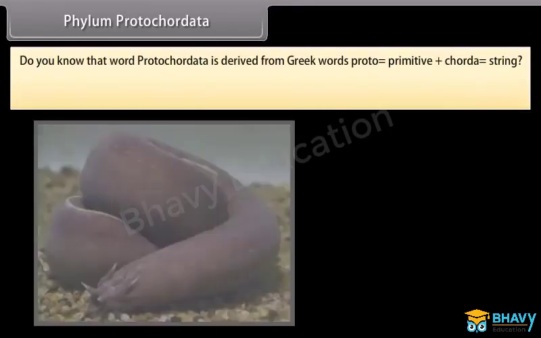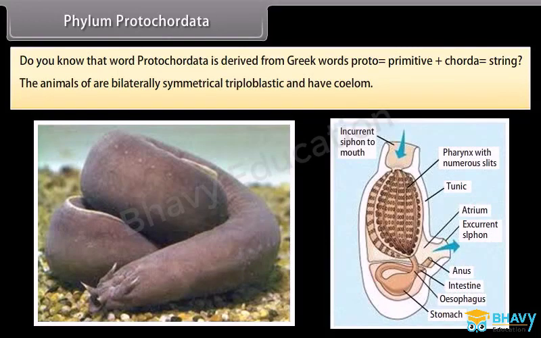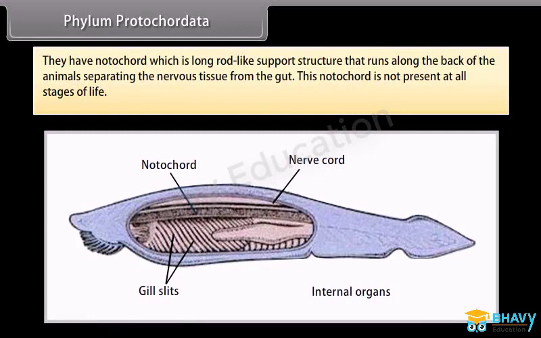Phylum Protochordata. Do you know that the word Protochordata is derived from Greek words proto, meaning primitive, plus chorda, meaning string? The animals are bilaterally symmetrical, triploblastic, and have a coelom. They have a notochord, which is a long rod-like support structure that runs along the back of the animals, separating the nervous tissue from the gut.